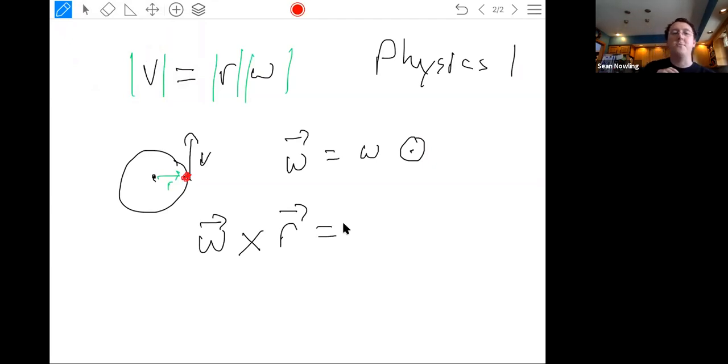Well, I'll do it as I see it. So omega is going into my eye, and then I want to curl my fingers towards r, and then I get something which points upwards. I think that works out the right way. So this is what I'm seeing.